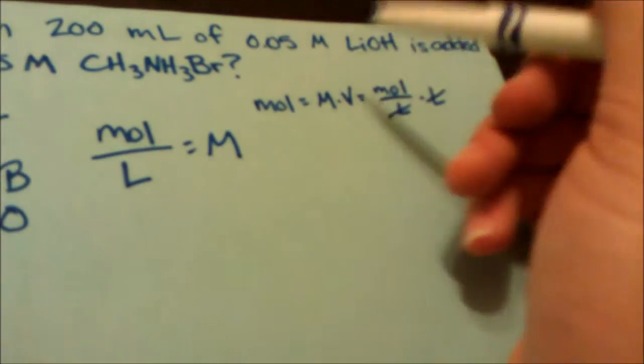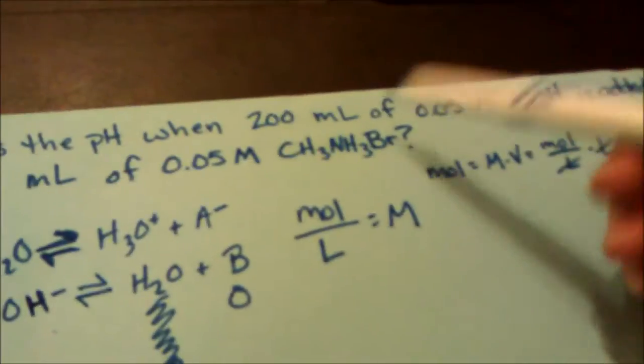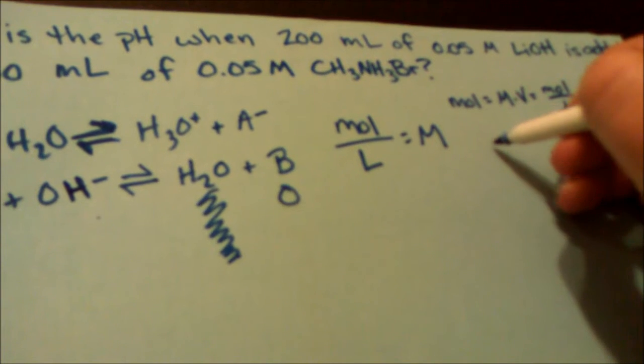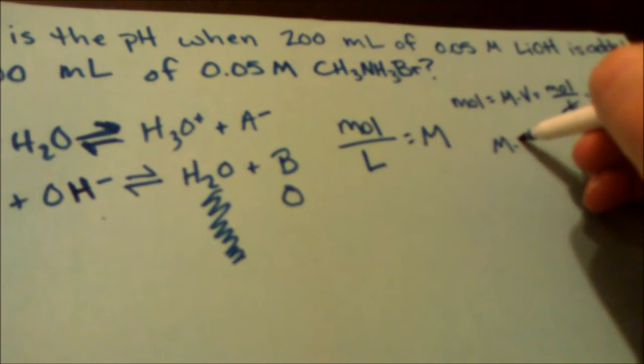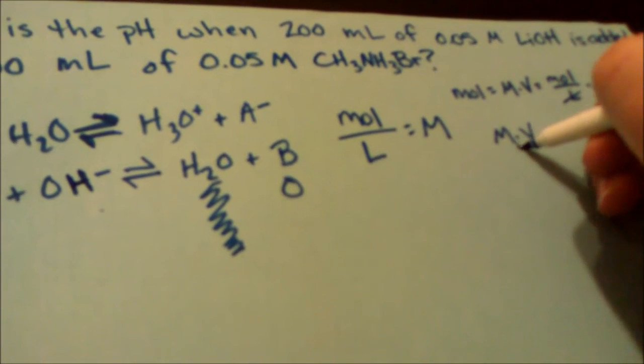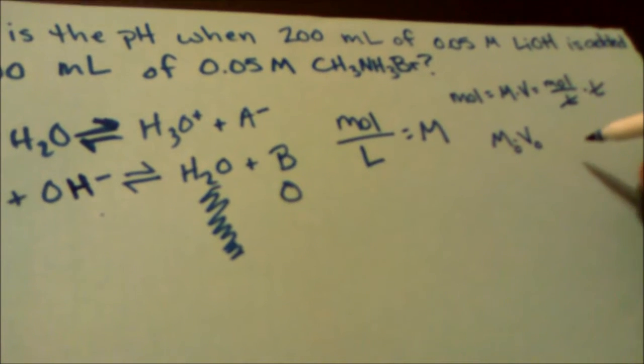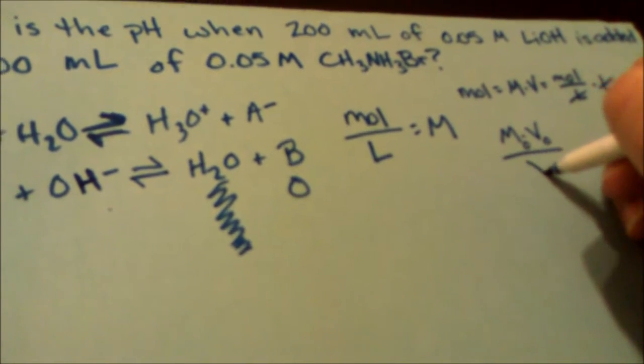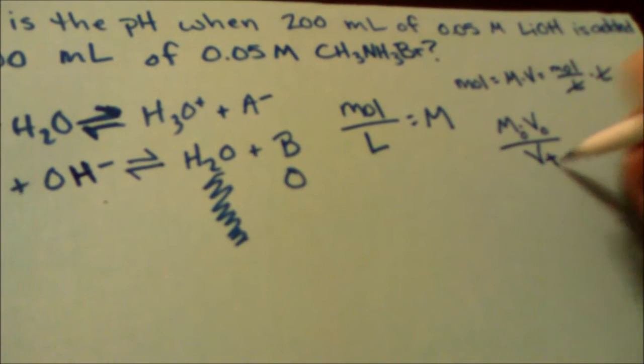And my total volume down here is just going to be the sum of the two parts of the solution that I'm adding up. So to overall calculate my new solution, I'm going to do molarity times starting volume, my starting molarity and my starting volume, all divided by my new total volume.